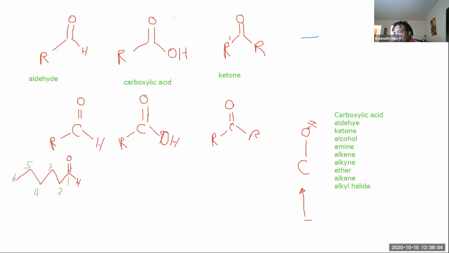Because this is your first carbon. Okay, so what is the prefix for a 6 carbon? So this guy would be called hexanol. It gets the al from aldehyde. Okay, and try another.